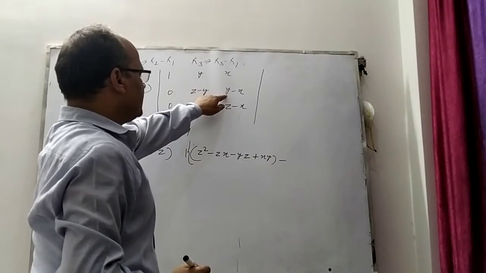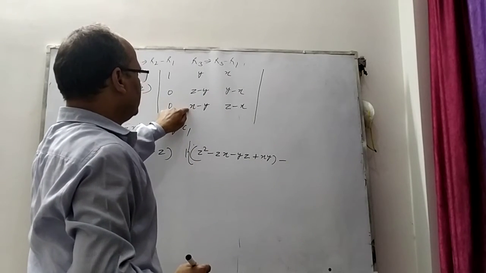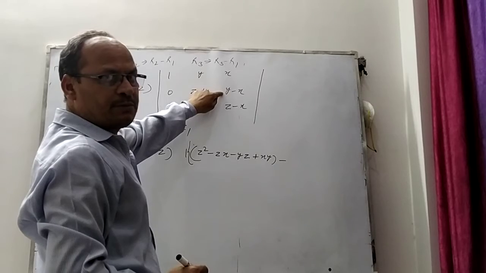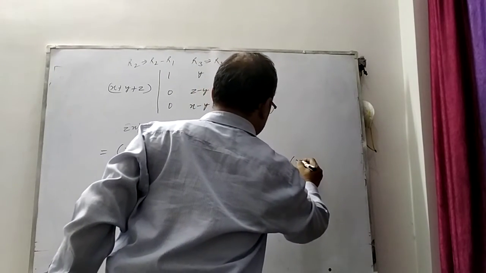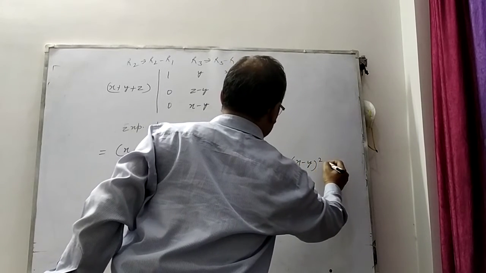If you take the minus common, this will be (x minus y) square plus (x minus y) whole square.